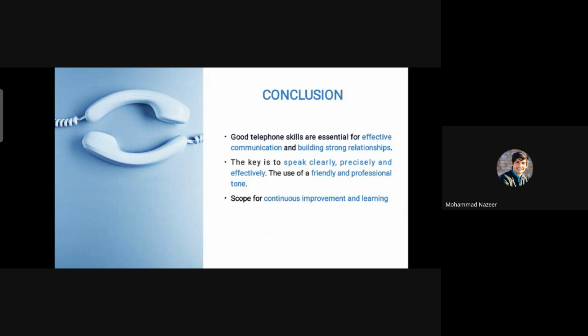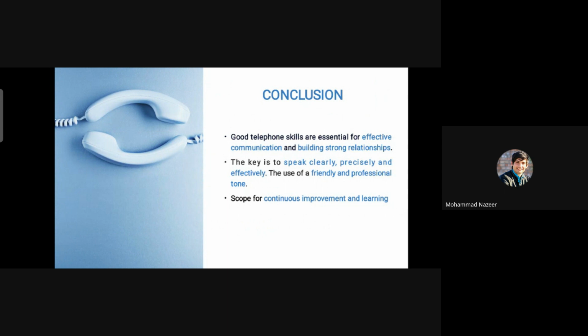Apart from that, whenever we are speaking, the key is to speak clearly, precisely, and effectively. So whatever we are saying, it should be clear, it should be effective, and it should be very, very precise. So that is why we use a friendly and professional tone.